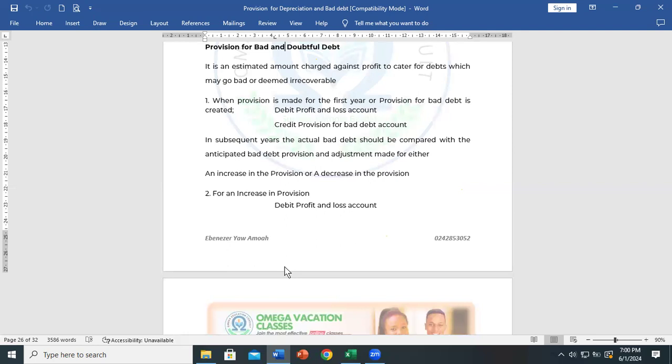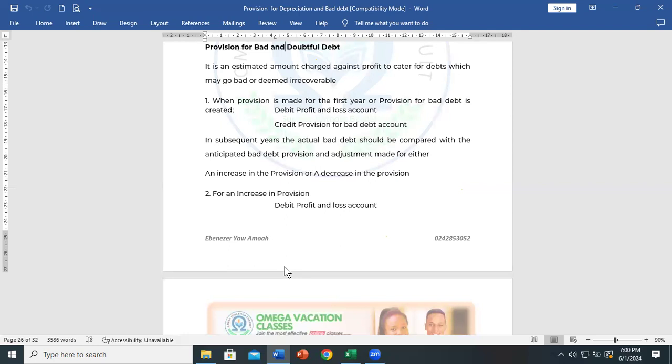But if you are to decrease it, then it will change. Using the transportation example, if you provided that when you're going home, your transport will be 50 cedis, and then during vacation, when you went to the station, they say it's 30 cedis, you will now see that you are going to get 20 cedis back into your pocket.